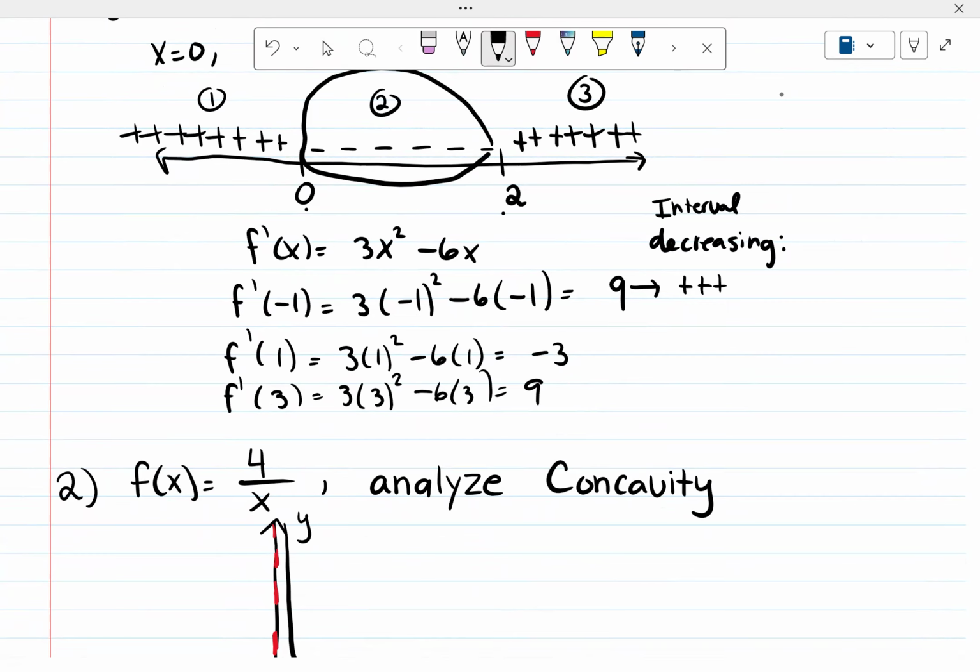So you're going to write parentheses 0, 2. Why wouldn't I use a bracket? Because we didn't have an equal sign. So this is our answer.